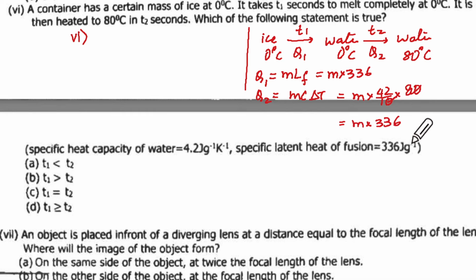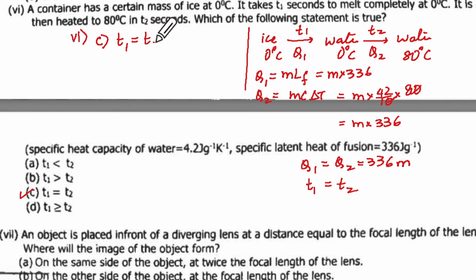Can you see that? Yes, ma'am. We had done this question in another paper also. So Q1 is equal to Q2 is equal to 336 M, no? Correct? So if you are supplying the heat at the same rate, your time T1 will be the same as time T2. Understood now? So here it will be option C, T1 equal to T2. Is it making sense to you?